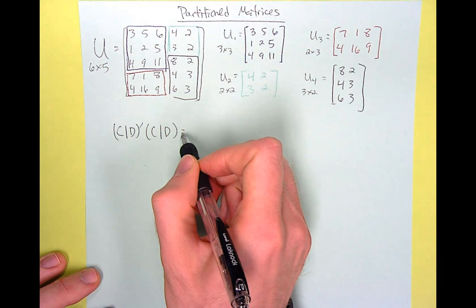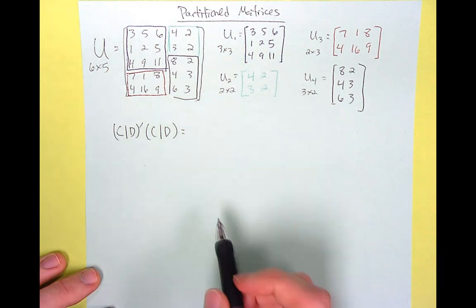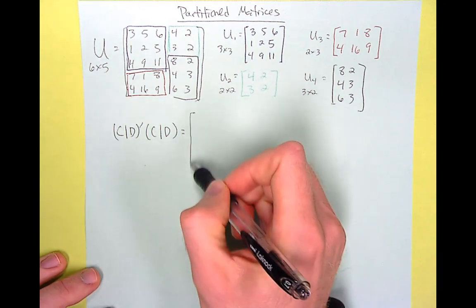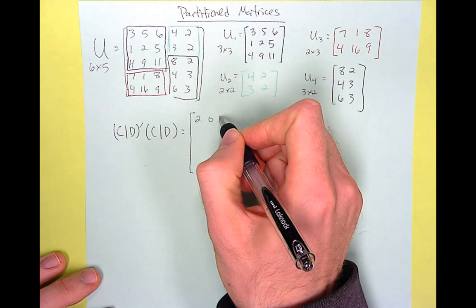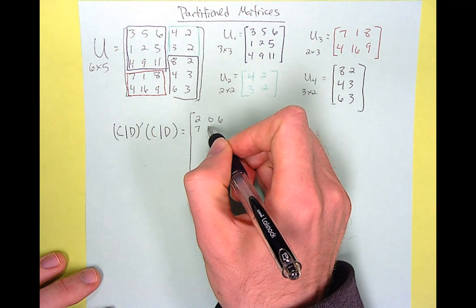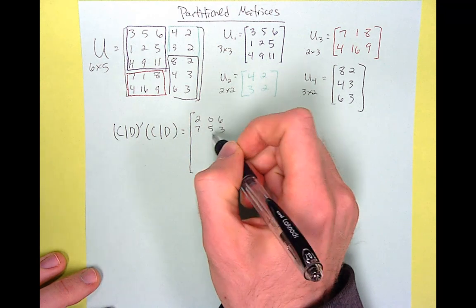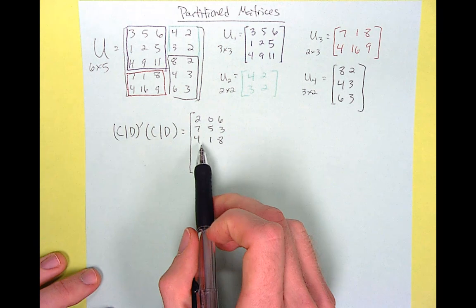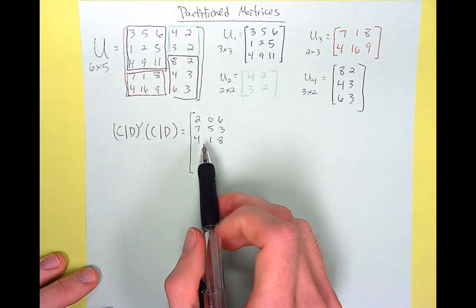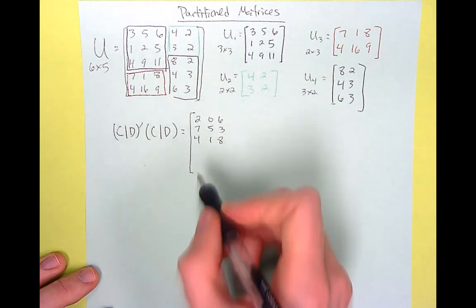So this is going to equal 2, 0, 6, 7, 5, 3, 4, 1, 8. This is, if you recall, the C matrix that we used in the previous video.